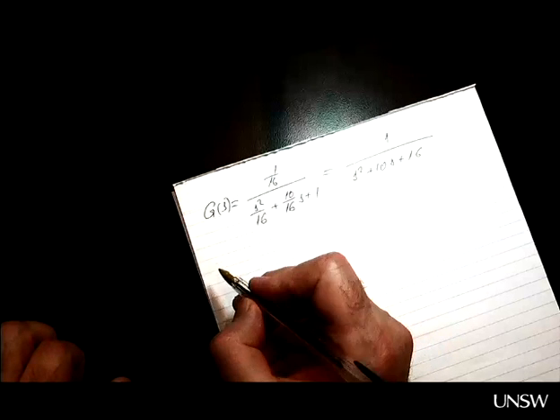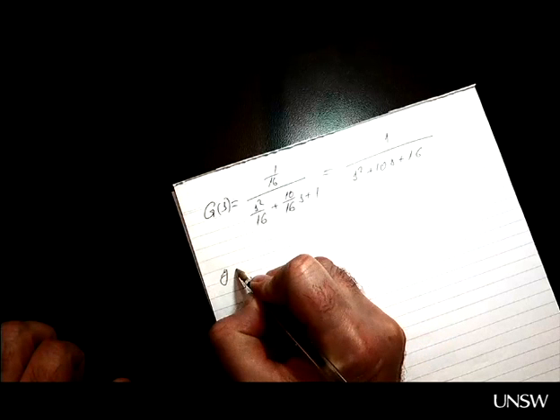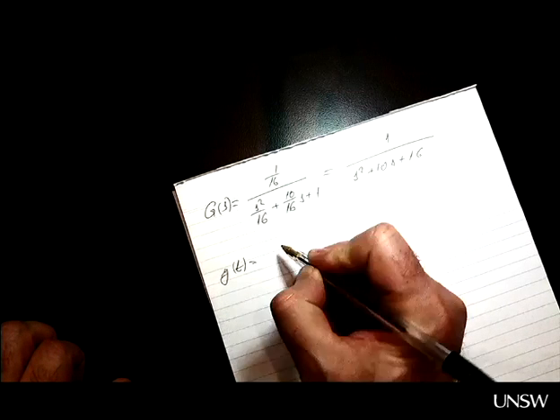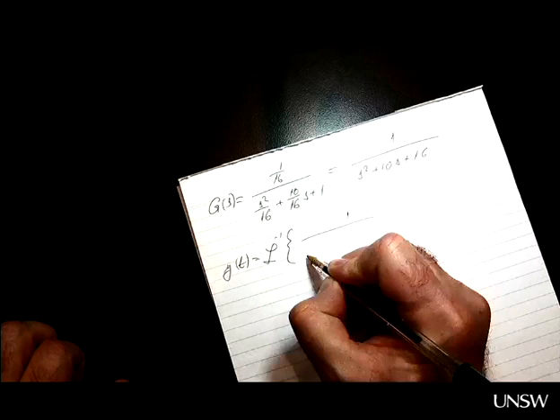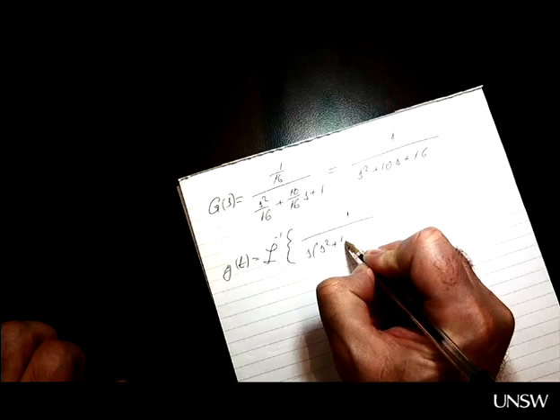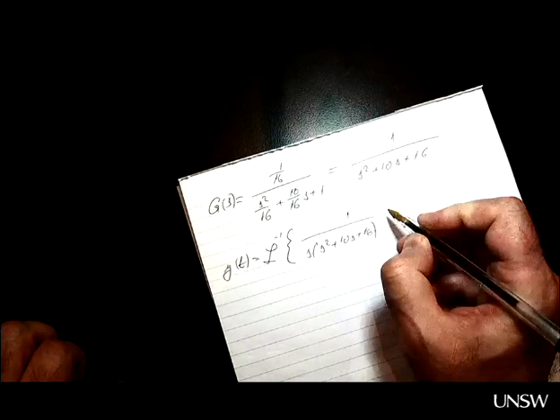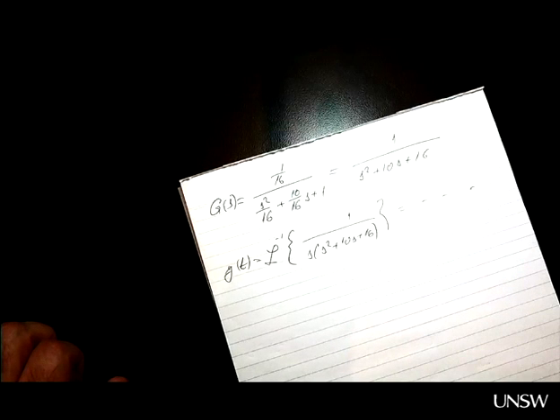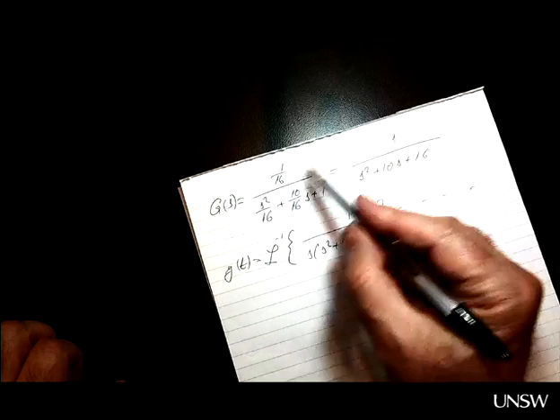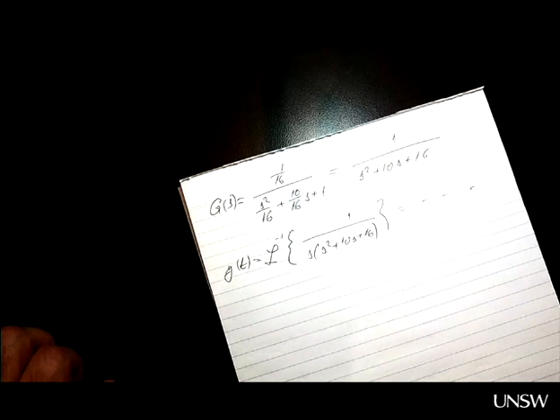If you stay with the same terminology, y of t will be inverse Laplace of 1 over s squared plus 10s plus 16. So we can find this function. But the trick is not to do this. We want to use whatever we have in the S domain to find the parameters we need: time to the first peak, percentage overshoot, and settling time.